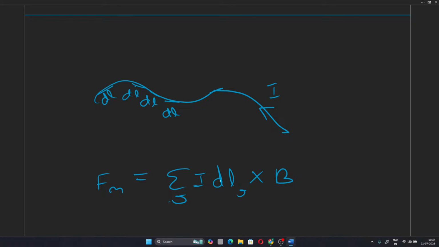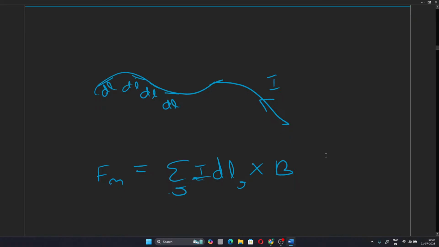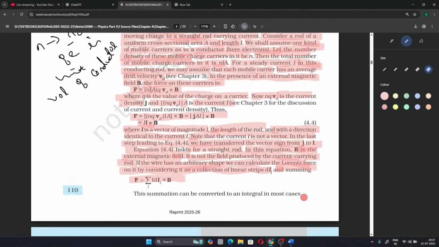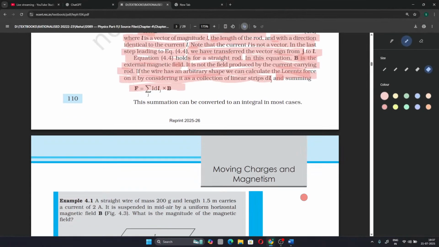This is the total of the individual currents with the individual length vectors, with individual angles between the B vector and the length vector. This summation can be converted into an integral.